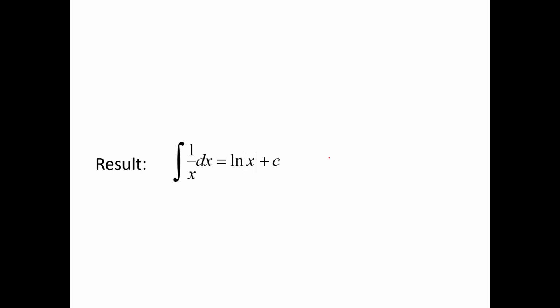It turns out that we went over this, that if you took the derivative of the natural log of the absolute value of x, you also got 1 over x. So since we want the most general antiderivative, we're going to use as the antiderivative of 1 over x the natural log of the absolute value of x plus c.